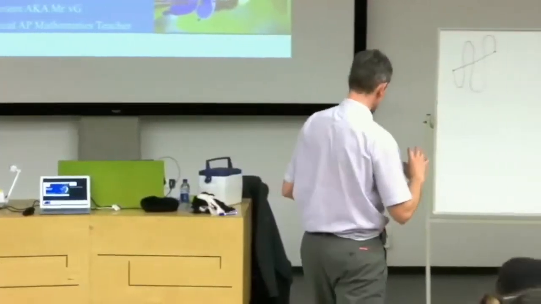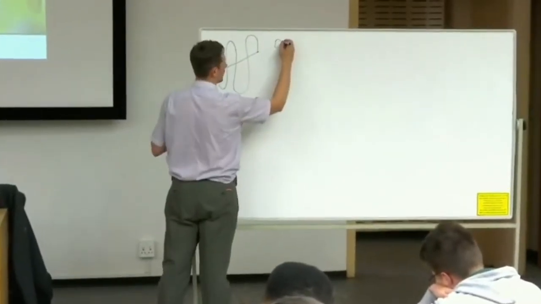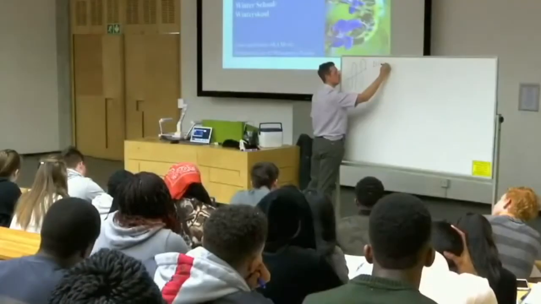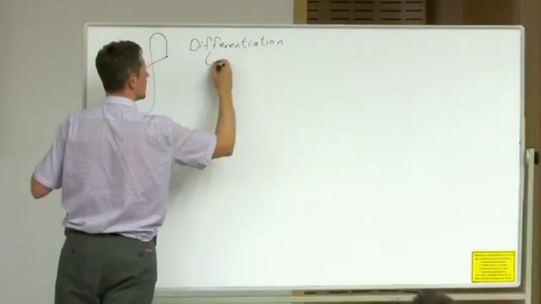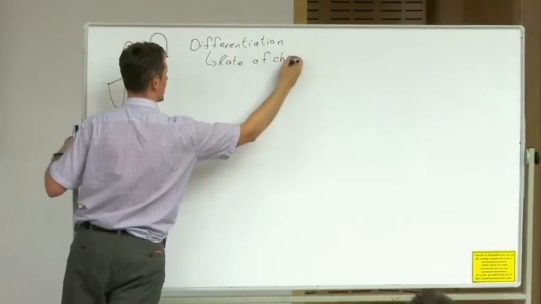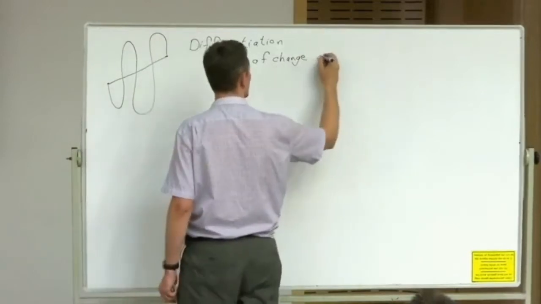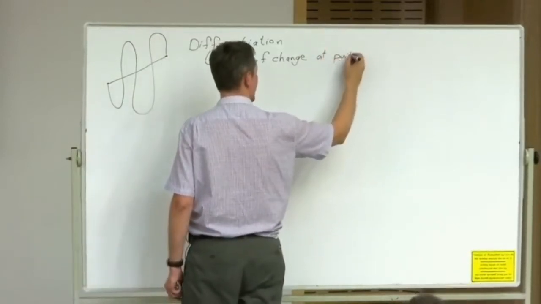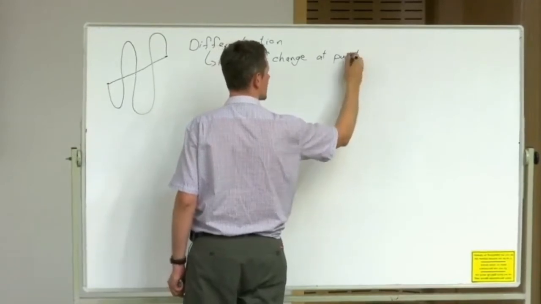Okay. So now the question is, when I look at differentiation as being the rate of change at a specific point, because that is basically what differentiation is all about.